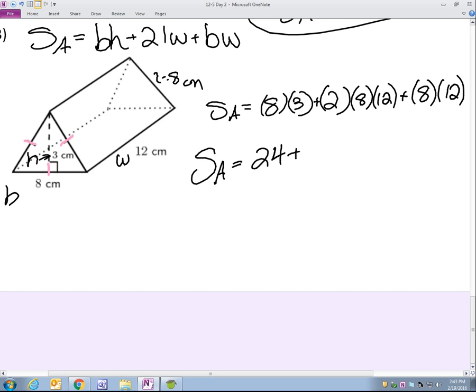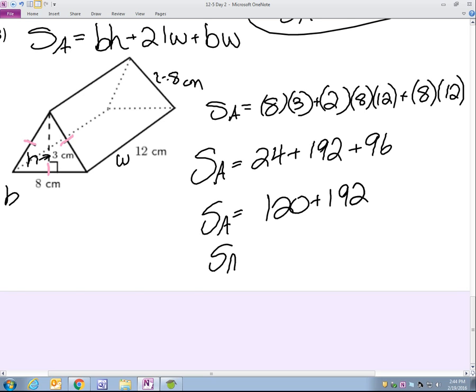160 plus 32. 96. 24 plus 96 is 120. 192 equals.